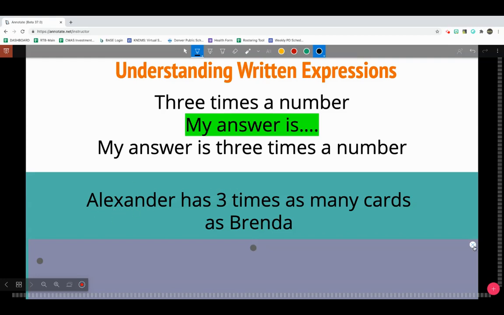So when I write this expression, for me to get an answer, I know that however many this number is, or this variable is, I have to multiply it times 3. And we know that when we represent this with a coefficient, the number that I'm multiplying times a variable always goes first.